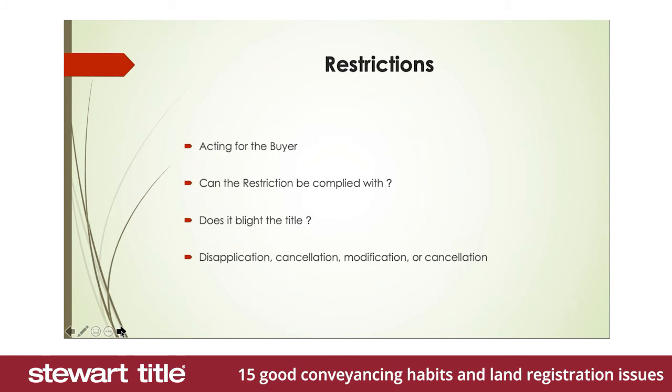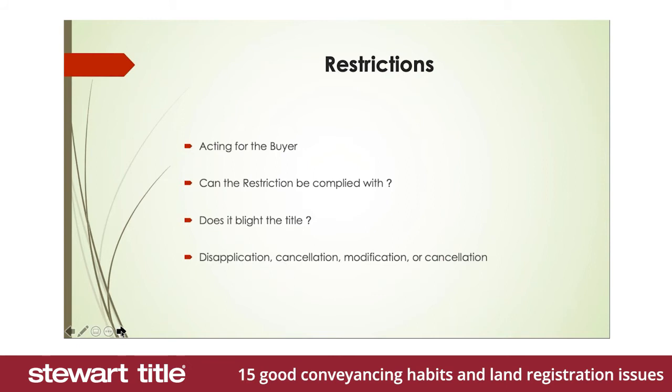Disapplication, cancellation or modification, if we look at disapplication and modification, the application can be made to the Land Registry to disapply or to modify the restriction if it can't be complied with.